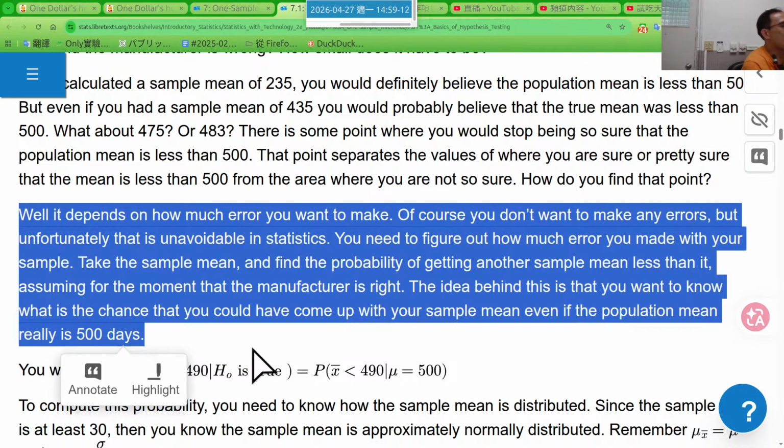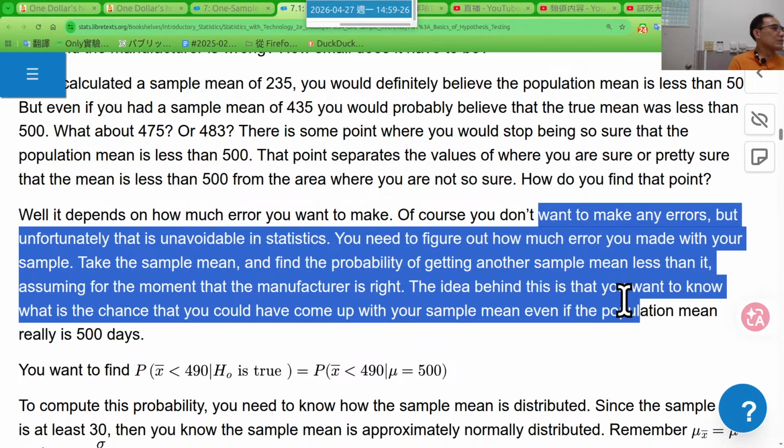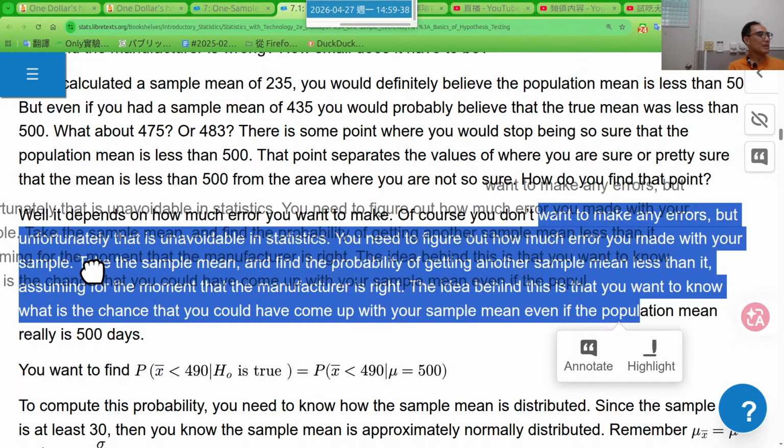It depends on how much error you want to make. Generally, just memorize a number: 5%. Of course, you don't want to make any error, but unfortunately that is unavoidable in statistics. You need to figure out how much error you made with your sample.